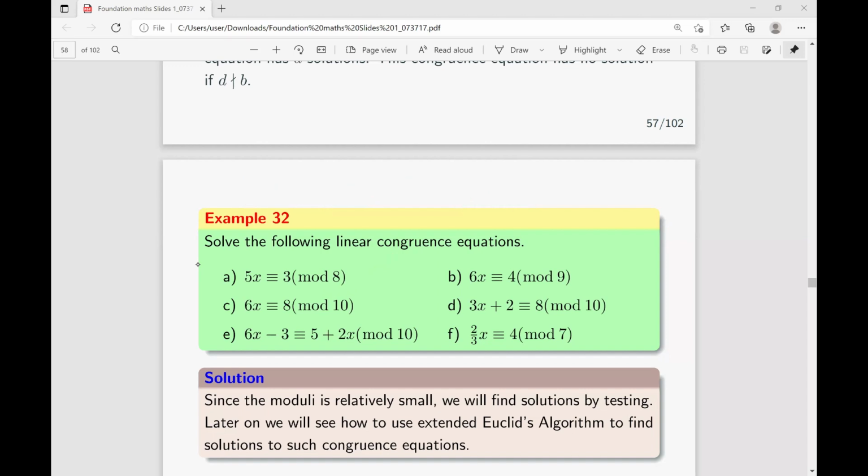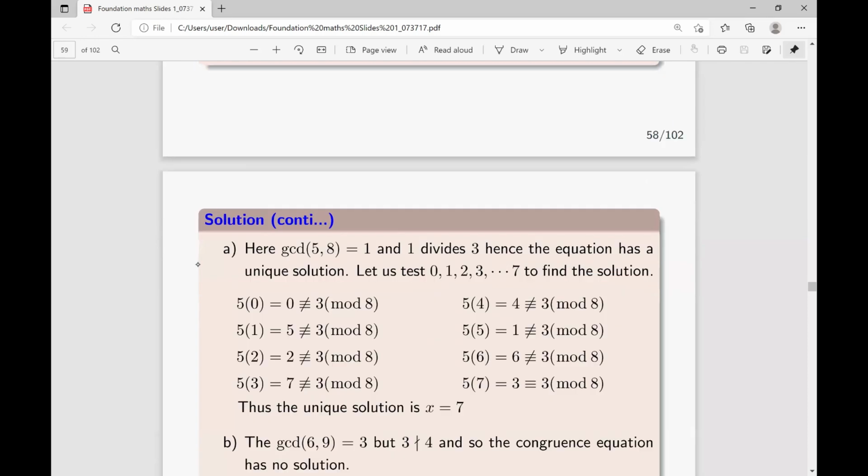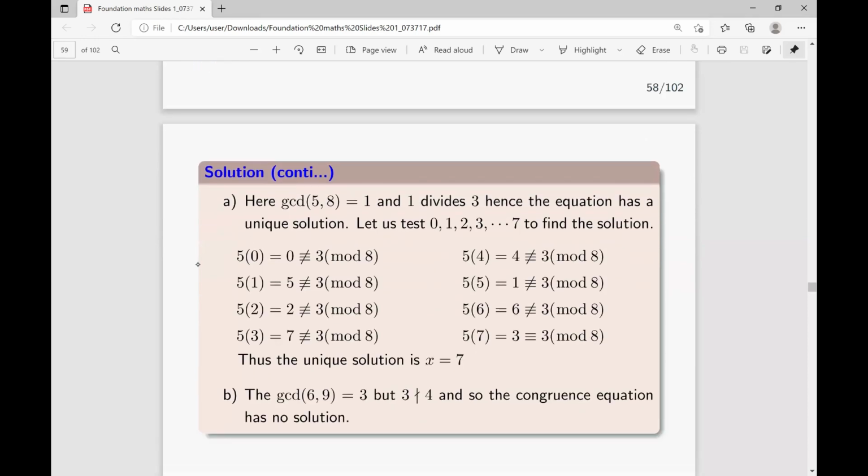Now, let me do this first one. I said the modulus is small, so I'll just use trial. First of all, I find the GCD, and I want to see if the GCD divides 3, because we were given 5x is congruent to 3 mod 8.